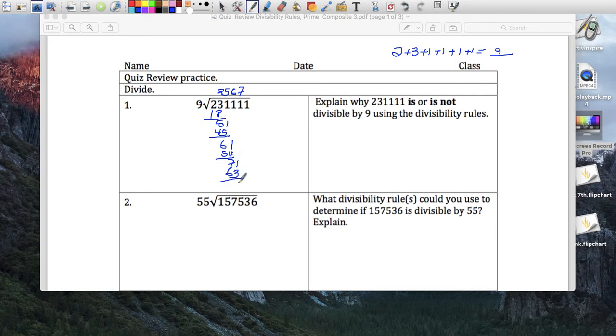That gives us 8 left over. Bring the last 1 down, and 9 into 81 is 9 times. So, as you can tell, no remainder. So, final answer is what? 25,679. So that's what I would expect to see. Okay. Moving on.